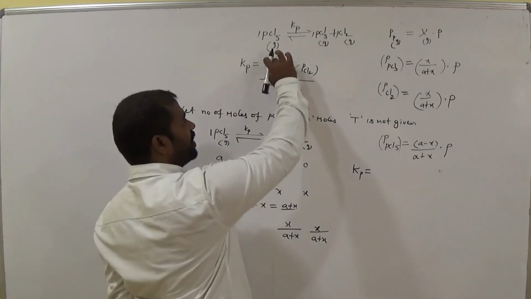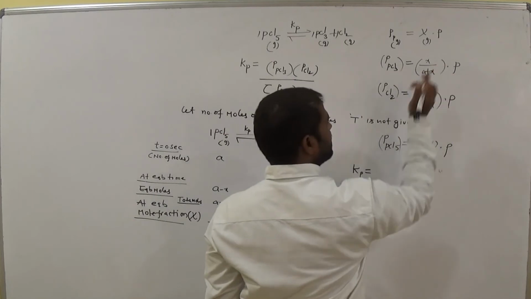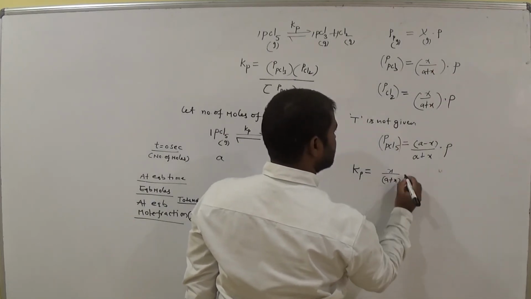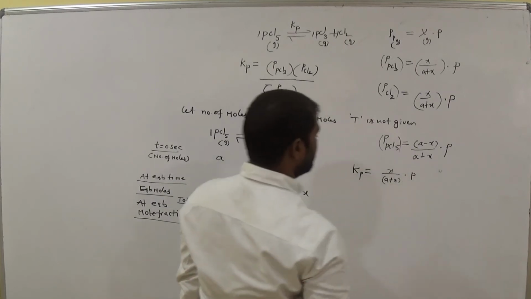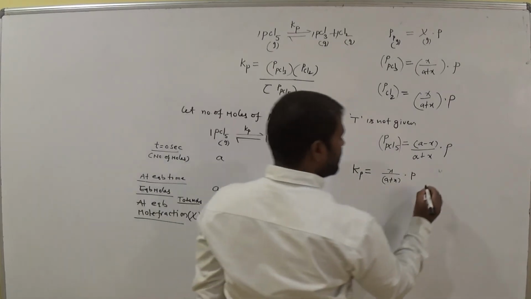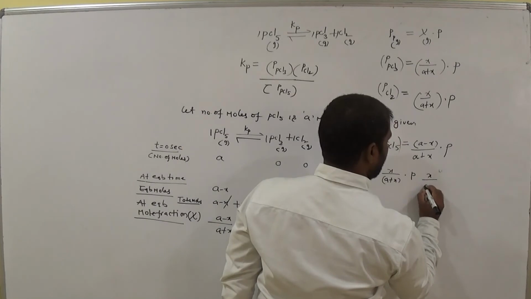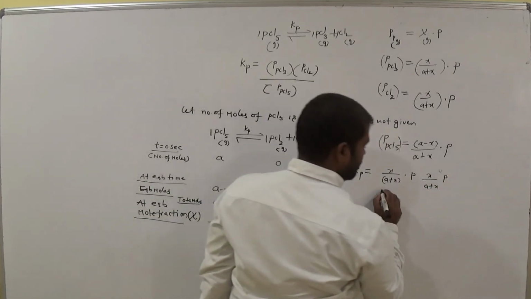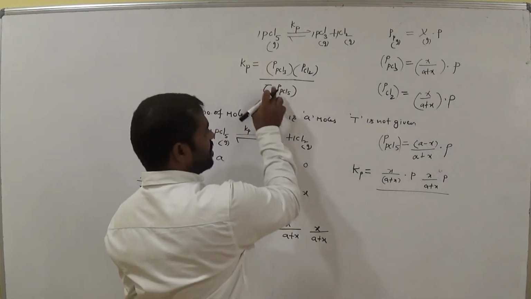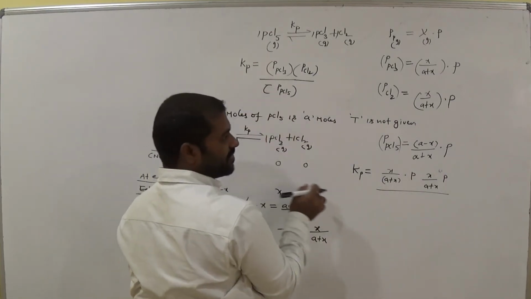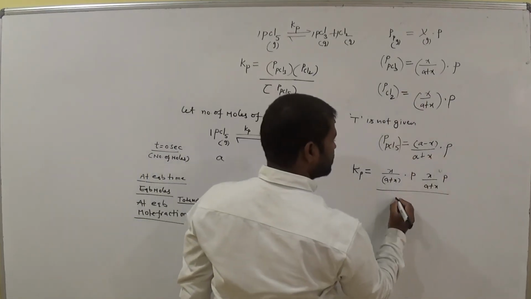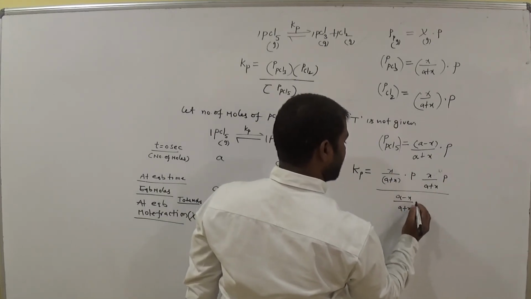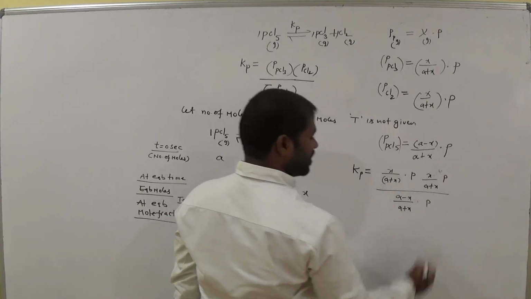The partial pressure of PCl3 is x by (A plus x) into total pressure. Cl2 is x by (A plus x) into P. And for PCl5 it is (A minus x) by (A plus x) into total pressure.